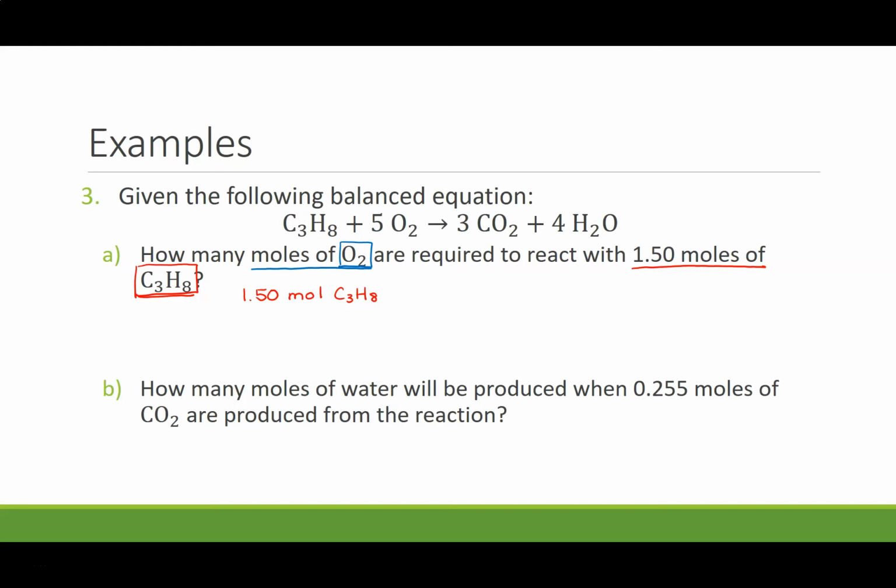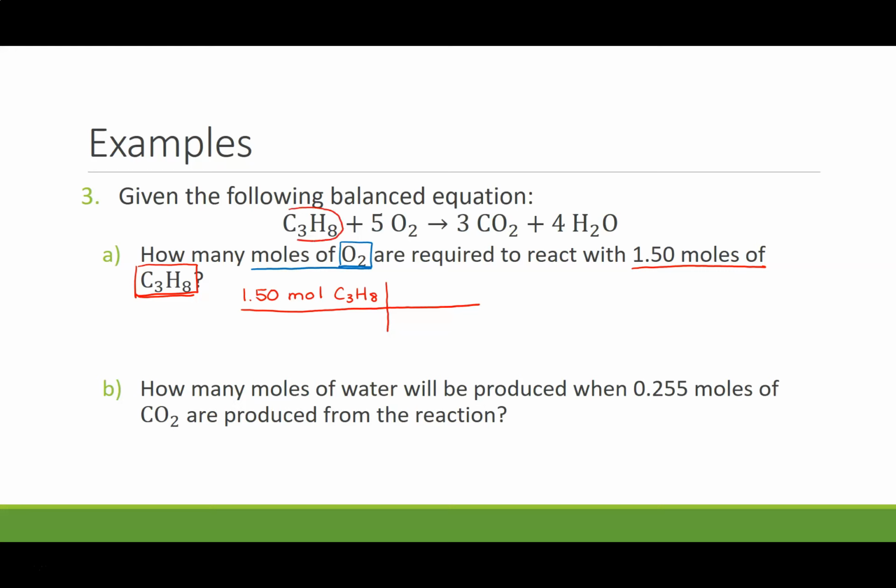The moles of the given we have is 1.50 moles of C3H8. Now don't be lazy, you actually should write the formula for the chemical in the dimensional analysis grid. This is so that we can keep everything straight.